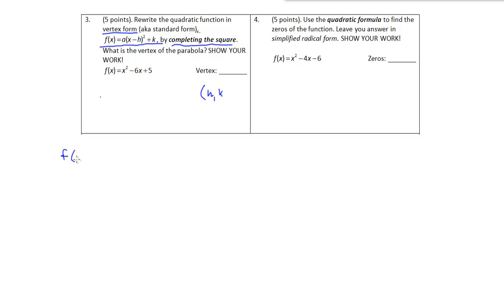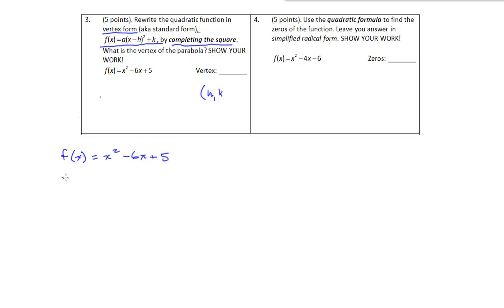f(x) is equal to x squared minus 6x plus 5. Notice completing the square, we've talked about solving equations, Khan Academy solving equations, and you notice you isolate, when we're solving an equation, setting this equal to 0, this 5 onto the other side of the equation.